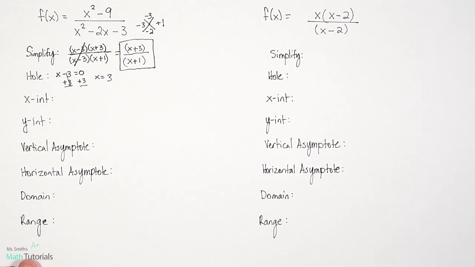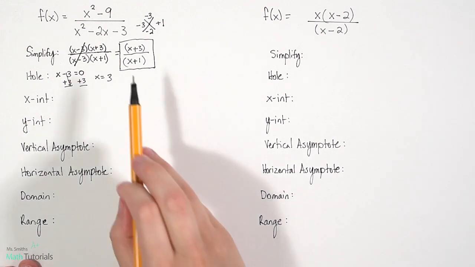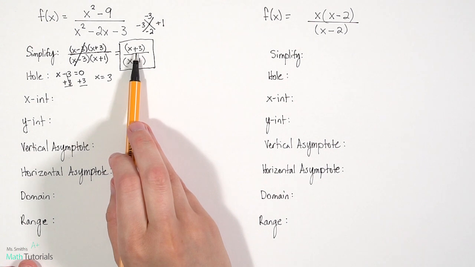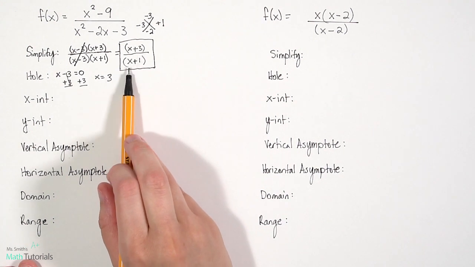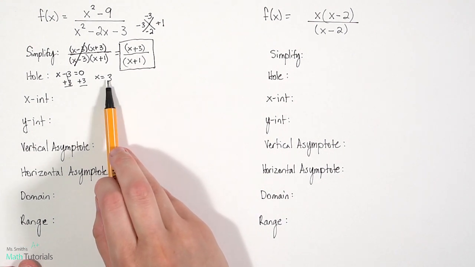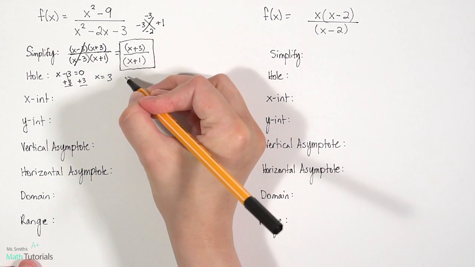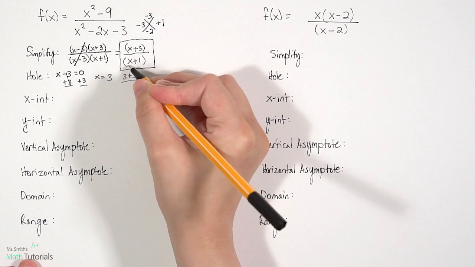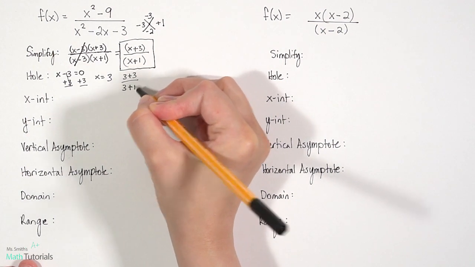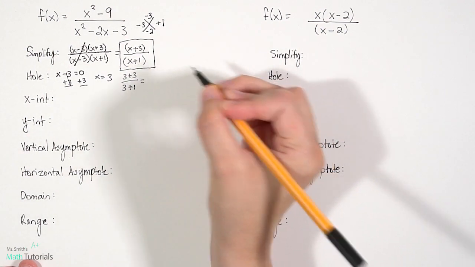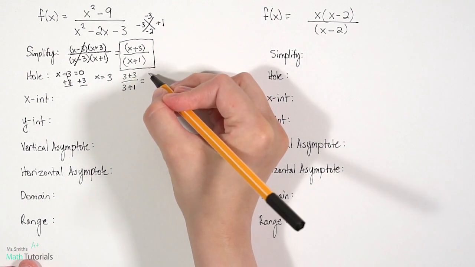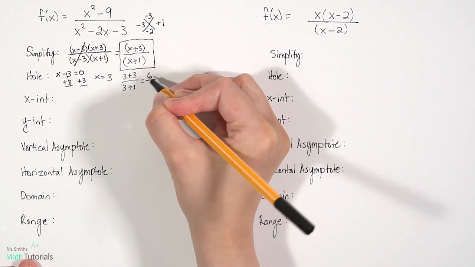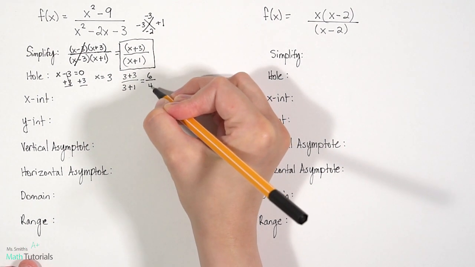To figure out the y value of the hole, remember that I take the simplified version, and anywhere I see an x, I just plug it in with 3. So I'm going to write a 3 plus 3 in the numerator and a 3 plus 1 in the denominator. Now 3 plus 3, that would give me 6, and 3 plus 1, that would give me 4.